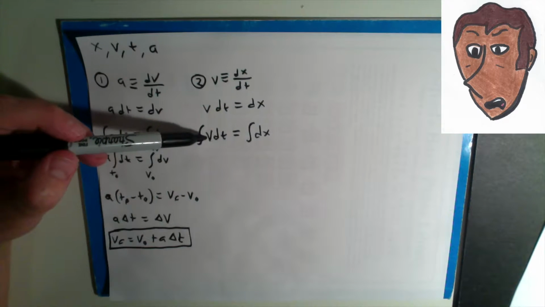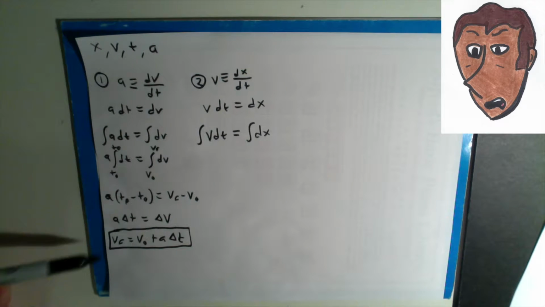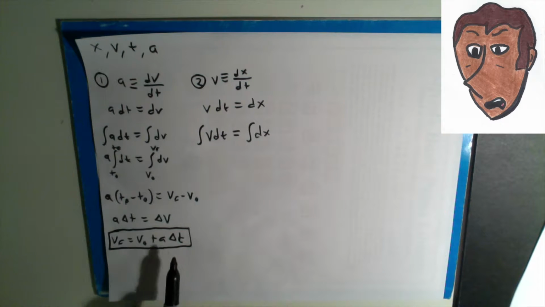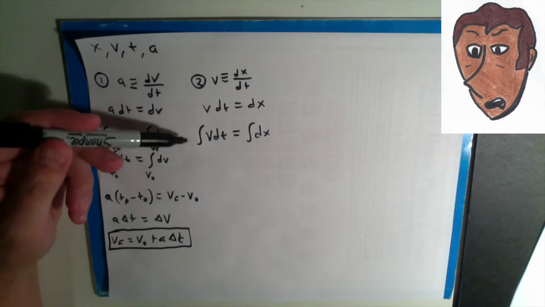We have to substitute something for v. And fortunately, we did this with our last problem. So we can substitute our velocity with the initial velocity, which is just a constant, plus the acceleration times change in time. And of course the acceleration is constant and the time is not, but that's our integral.